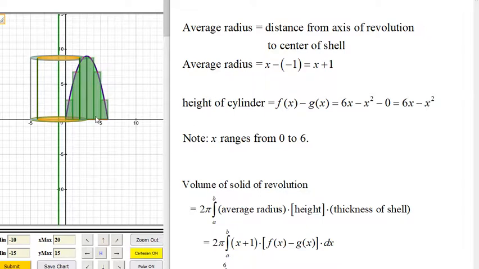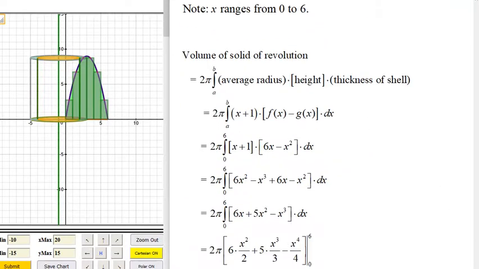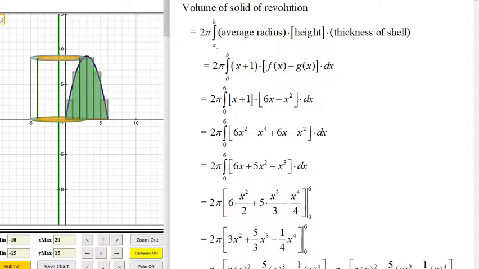And then for the bounded region, x ranges from 0 to 6, and so our limits of integration will go from 0 to 6.